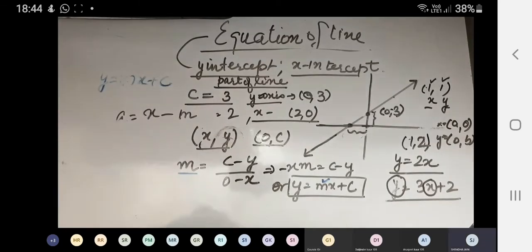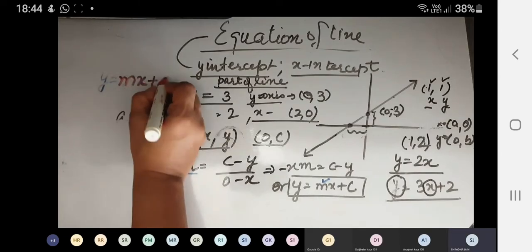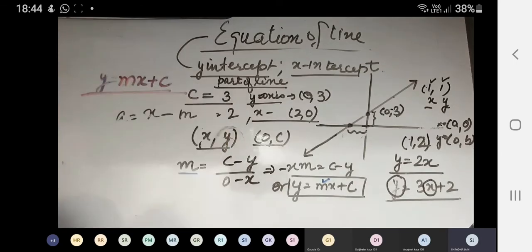So the equation of line is y is equal to mx plus c. This is one of the forms of the equation of line. Got it? This is a standard form whenever you are given the slope.